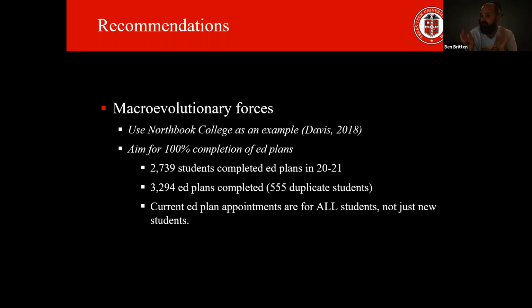Some students came in and did multiple ed plans, which is a problem. But the thing about this data, we talked earlier about 3,500 students each year. This data is for all students at the college, not just the new ones. So that's an issue. If we're looking at 40% of that, that's a much smaller number of new students having completed their ed plan in their first year, when it's so key to do it then.